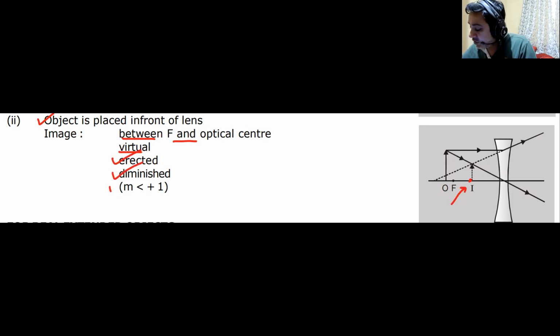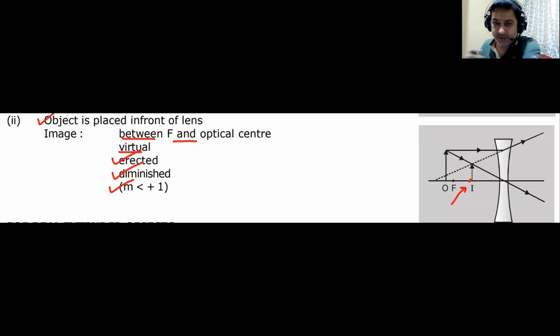It is always diminished for a concave lens. As in the case of a convex mirror, we only have two positions. Position number one, infinity. Position number two, anywhere else but infinity. In both the cases, image is virtual and it is highly diminished. I'll give you a minute to note it down.